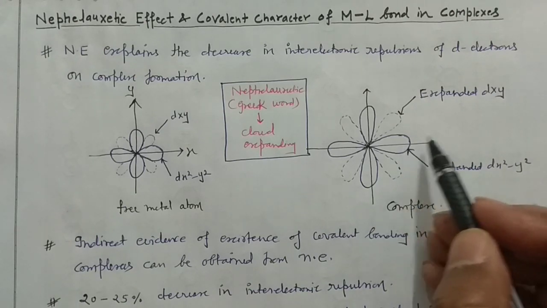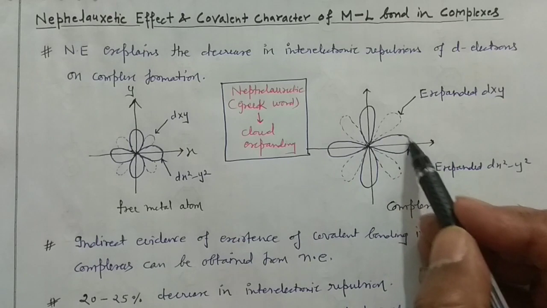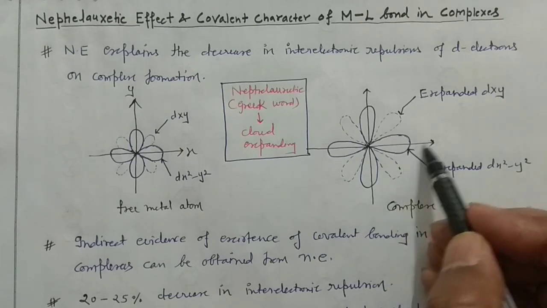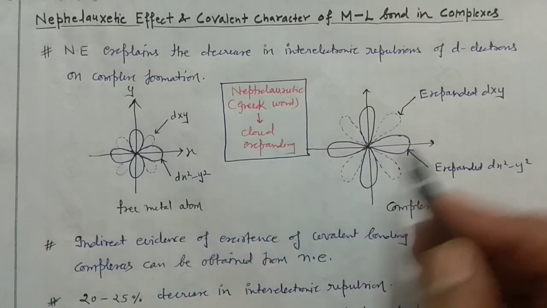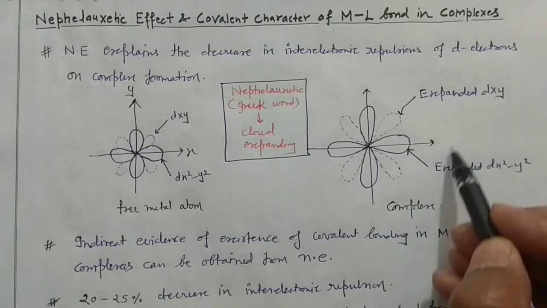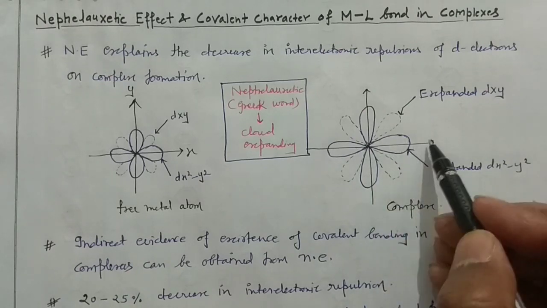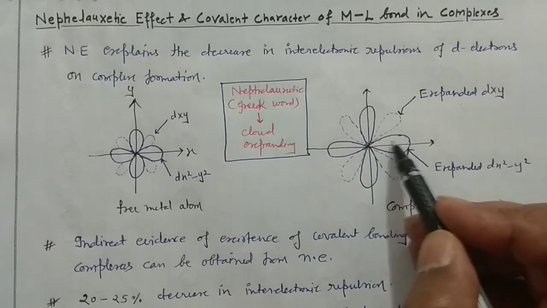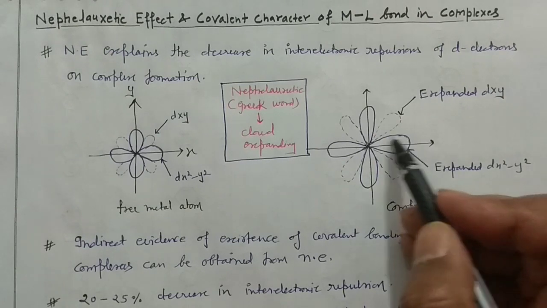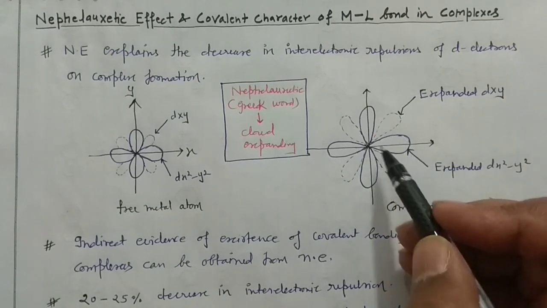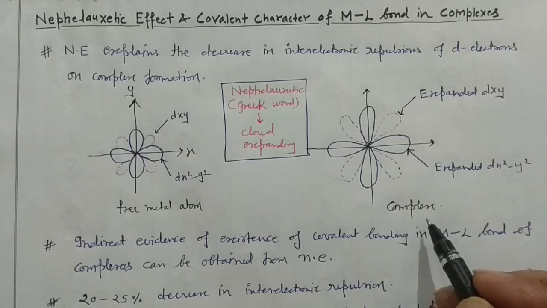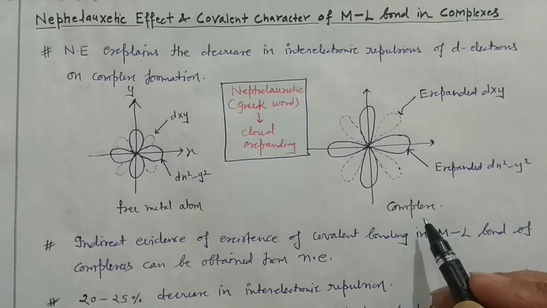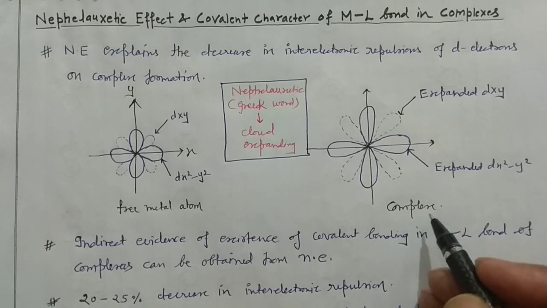So when the mixing of the ligand orbital and this increased lobe of the d orbitals of the metal ion takes place, the electrons which were earlier present here now have more space to move. You can see this is the bigger lobe, and of course you will have the overlapping with the ligands. So expansion of the d electron cloud takes place when the complex is formed, and the NEPHELAUXETIC effect is all about this.